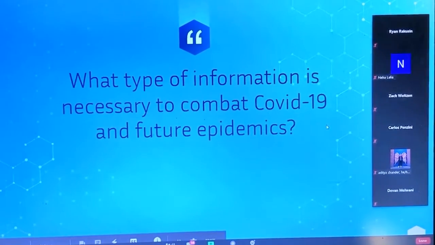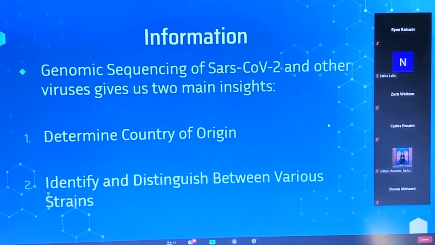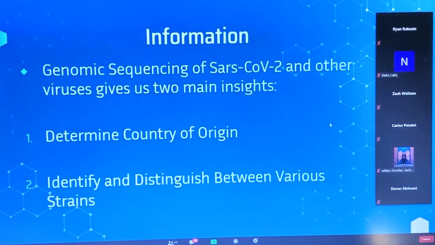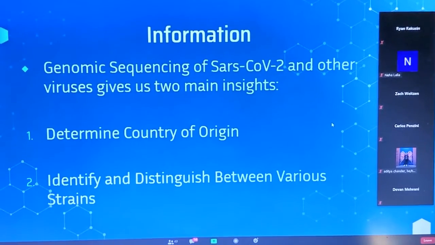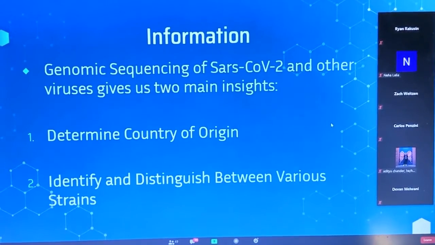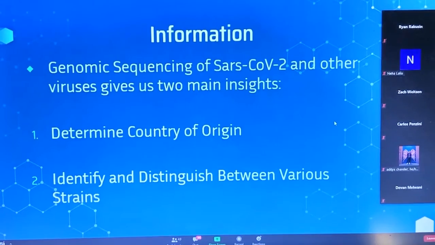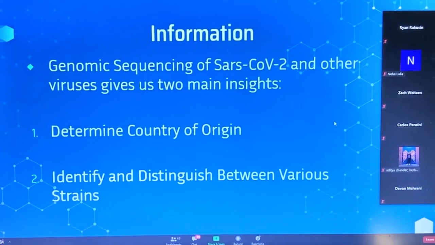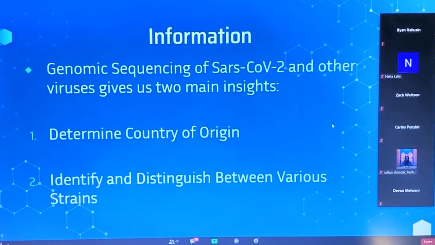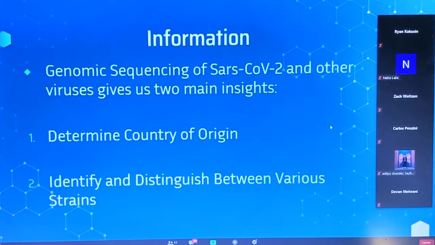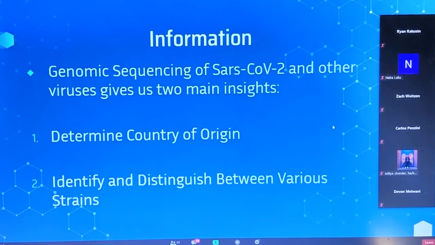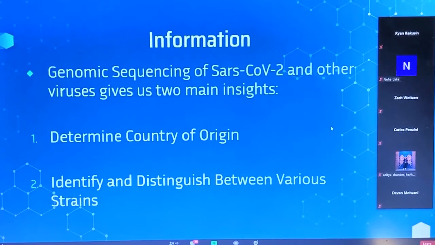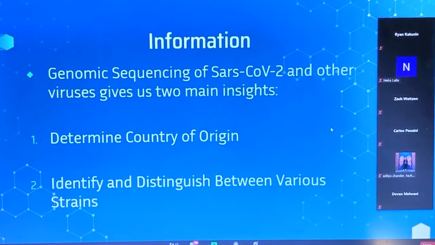So we're going to look at two main pieces of information. And the information we're going to get is from something called genomic sequencing of the SARS-CoV-2 and other viruses. So genomic sequencing is basically looking at the identity of a virus and understanding different aspects of it. And SARS-CoV-2 is the virus that causes the disease COVID-19.